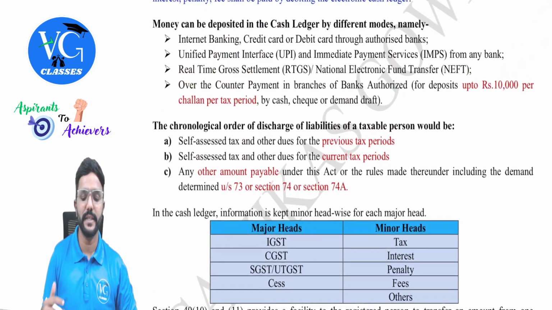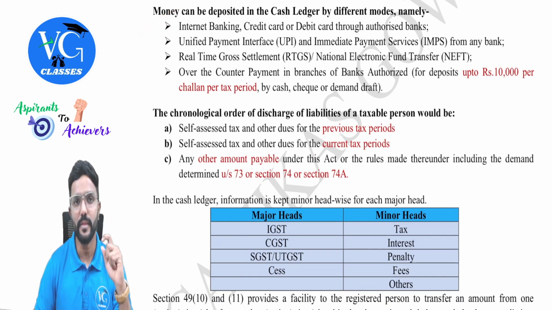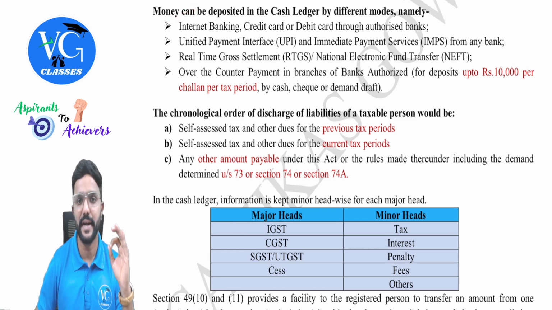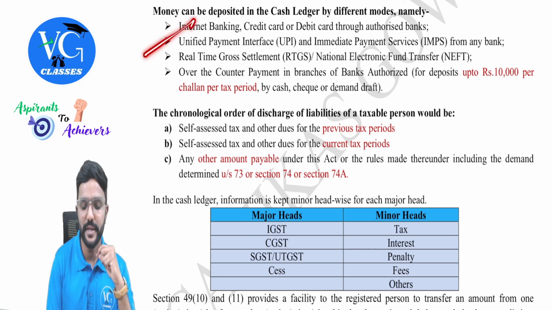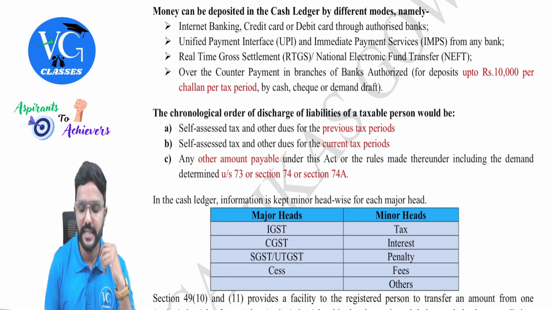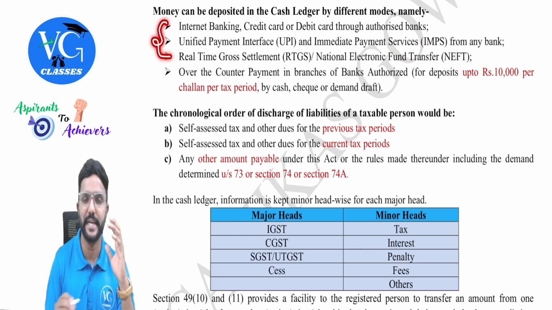And how can I deposit the amount into the electronic cash ledger? Money can be deposited in the cash ledger by different modes, namely internet banking, credit card, debit card through authorized banks, then UPI or IMPS from any bank, or RTGS or NEFT, and all these are through internet, guys.